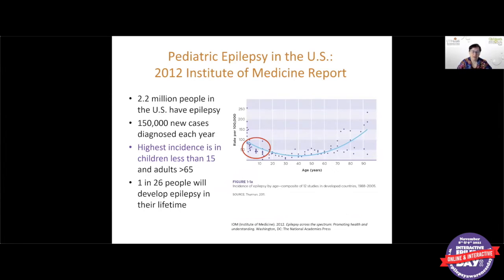So just to talk a little bit about epilepsy in the United States, this is from a study that was done in 2011 by the Institute of Medicine. And it really shows the age of people who have epilepsy, and there are 2.2 million people in the United States, and probably more at this time, who have epilepsy. You can see that the highest incidence or number of people who have it by age is the highest in people who are very early in life, so in the first year of life.